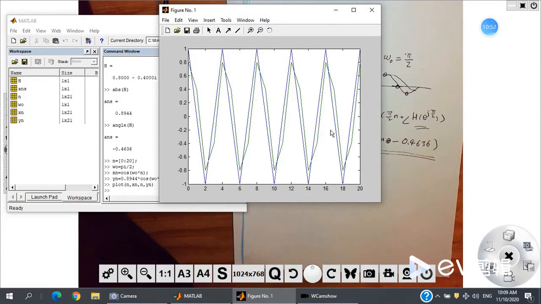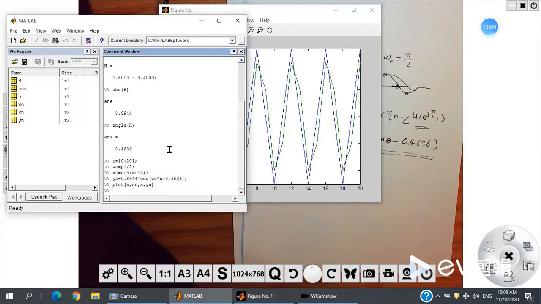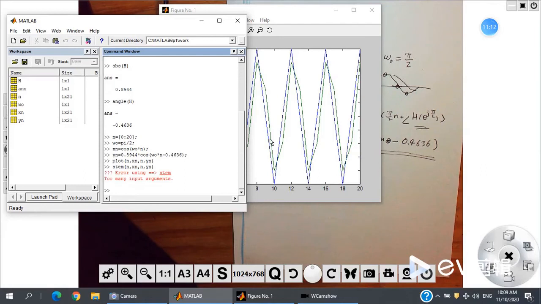Now we have two curves, that blue one. Okay, this is discrete time. Can I use stem? Oh, it doesn't work. Let's just plot.